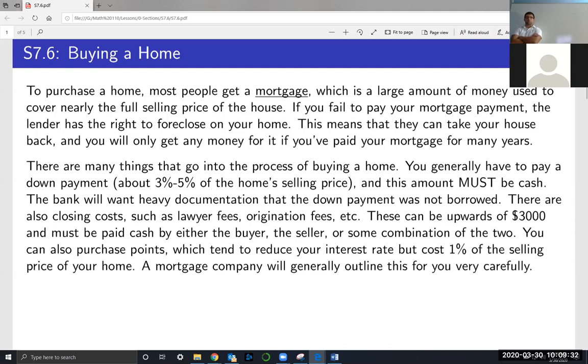And you also have to prove that it was cash that you already had and was not borrowed from somewhere else. So lots of disclosure of banking statements, lots of ridiculous stuff. But they basically need to know that you have money. Otherwise, the likelihood that you'll pay it back is obviously pretty low.